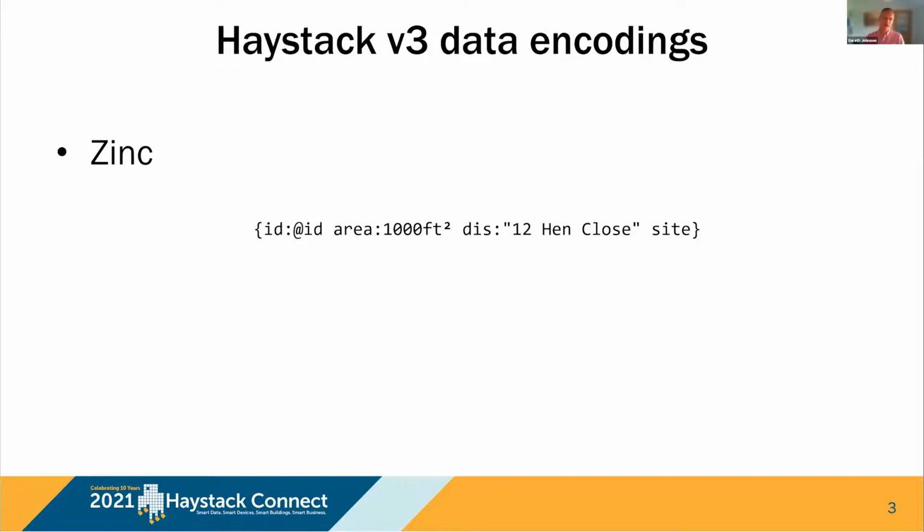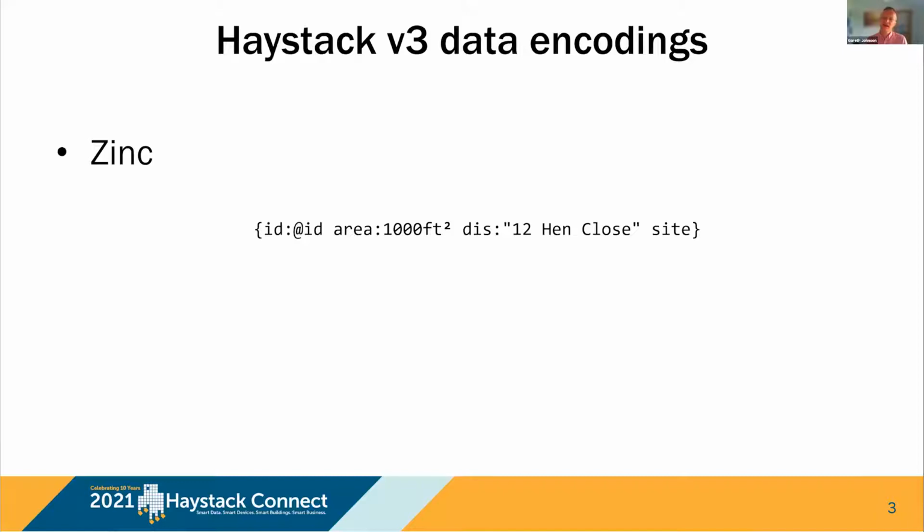And then we've got area, and you can see it's 1,000 feet squared. And you can see that a number has units there as well. The nice thing about Zinc is that all of the granular Haystack types are first-class citizens, and actually you find that theme quite a lot. We have a display name as string, and obviously I guess the nicest one of the lot there is site. You can see site right on the end there, which hasn't got a colon or anything after it.